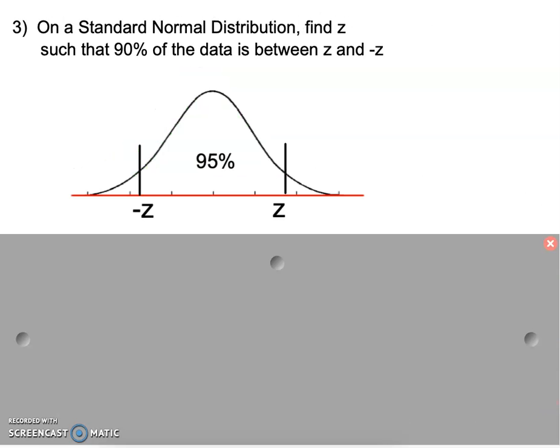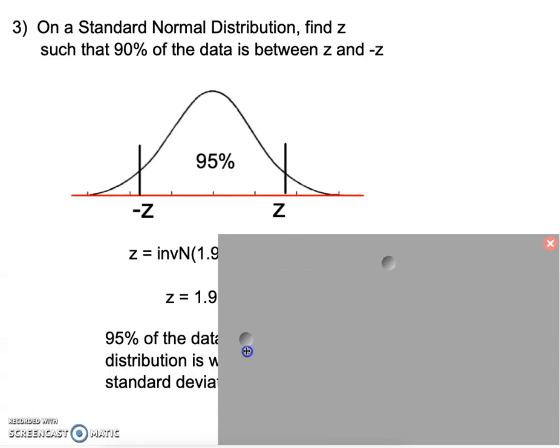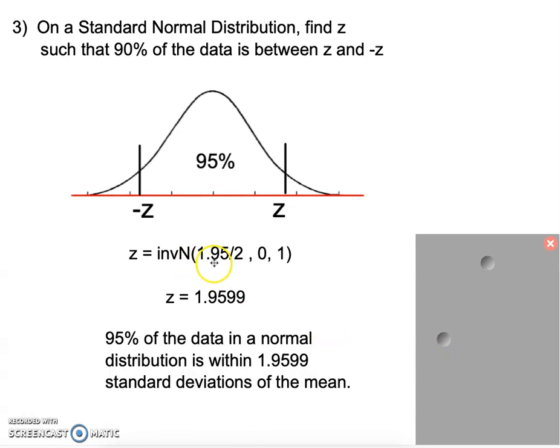Okay, see if you can figure out how many standard deviations I need to go out to capture 95% of the data. Pause the video, try working it out, come back. I did the shortcut. 100% plus 95% divided by 2. 1.95 divided by 2. I can actually type that into the calculator.